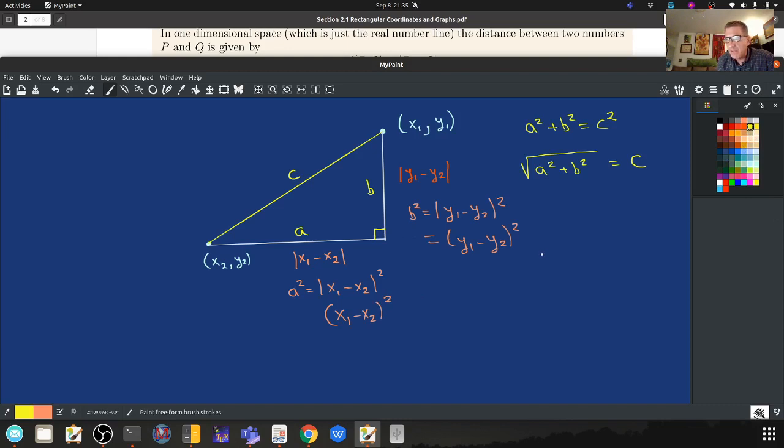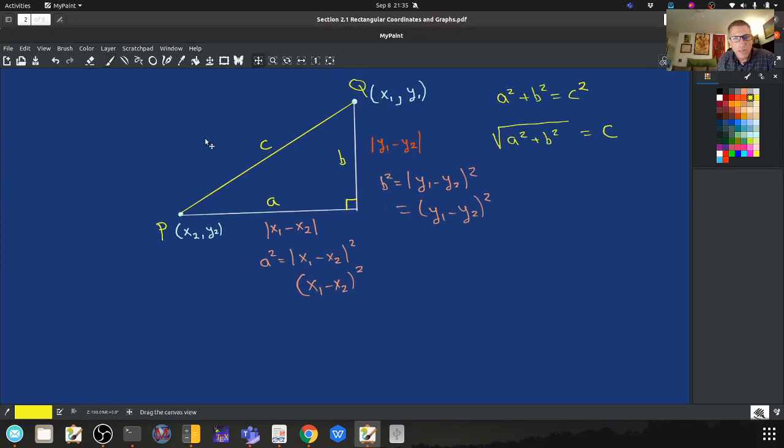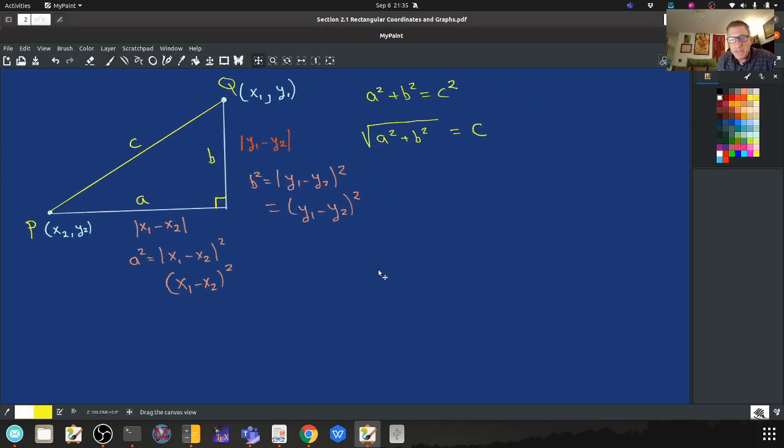So if we call this down here point P, and we call this up here point Q, we now have the following formula. And we're going to denote the distance between P and Q by a D, P, comma, Q. That's just read as the distance between points P and Q. That's what that's read as.